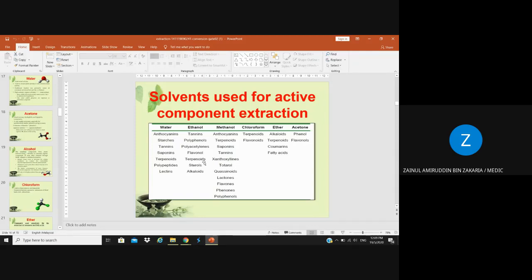You take out the ethyl acetate part, then you have 3 already. You have a water-based part, which is polar. You have an ethyl acetate part, which is intermediate polar. Intermediate polar means they are polar and non-polar reactive compounds. And then you have the earlier part, the petroleum ether part, which is a non-polar compound.